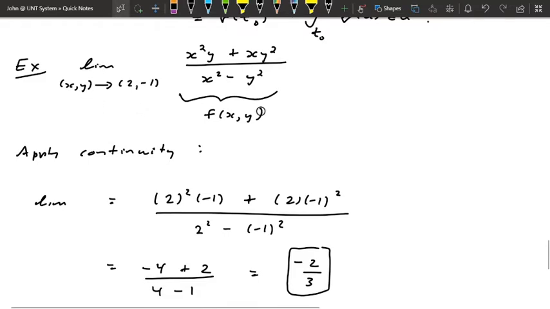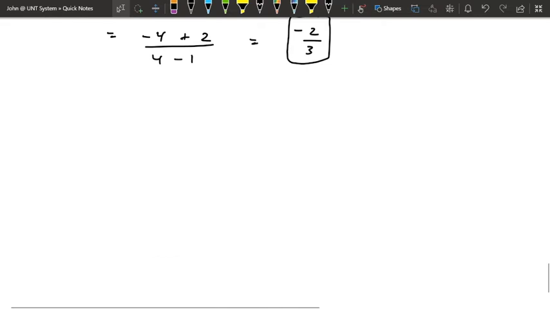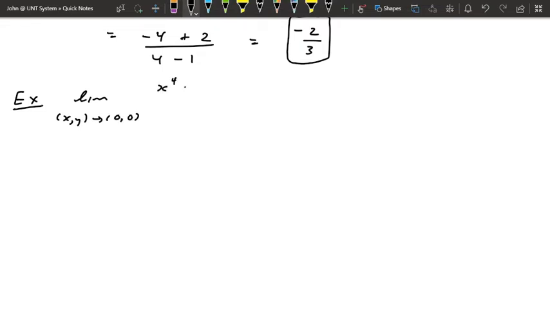So let's look at another example where we're not going to have that situation. So we're going to take the limit as (x,y) approaches (0,0), or attempt to take the limit, I should say, because it's going to turn out the limit does not exist, of this particular function here.